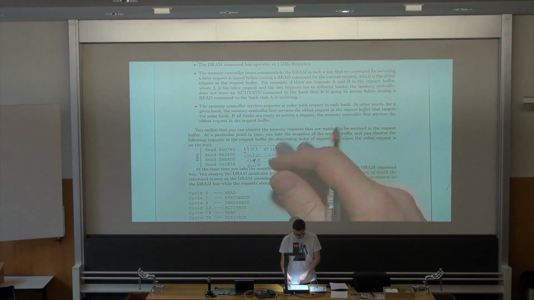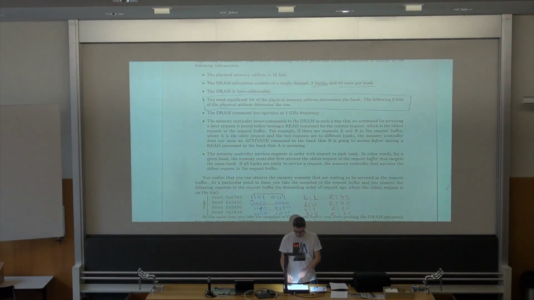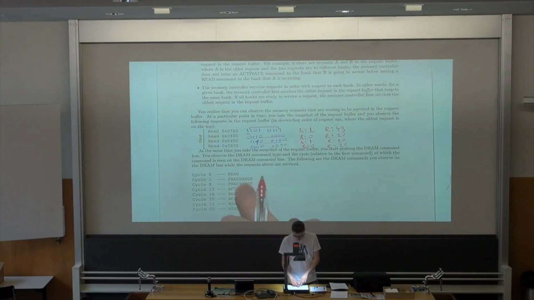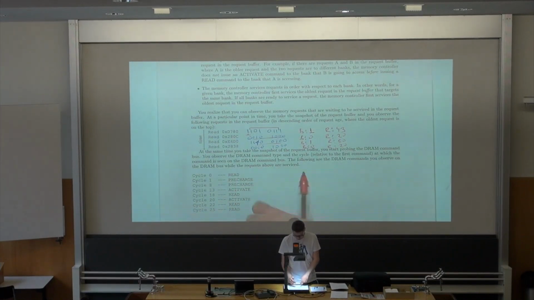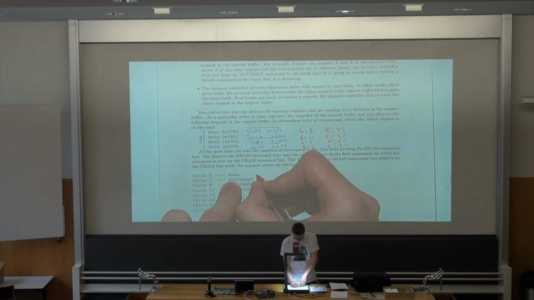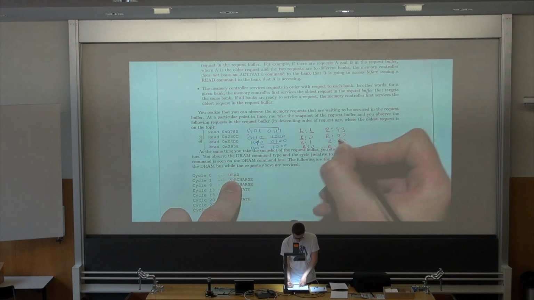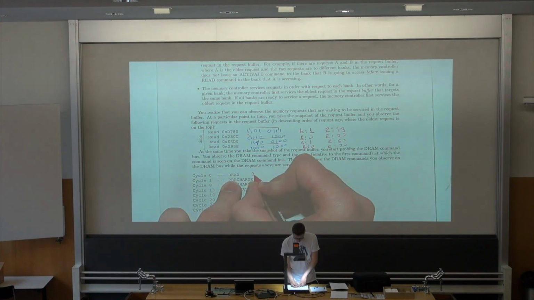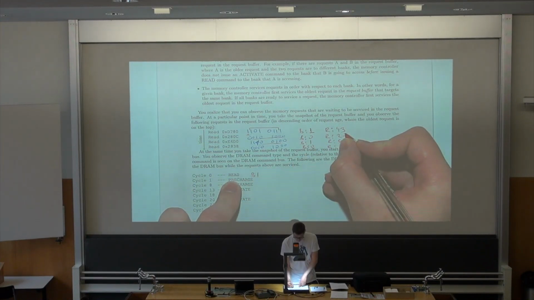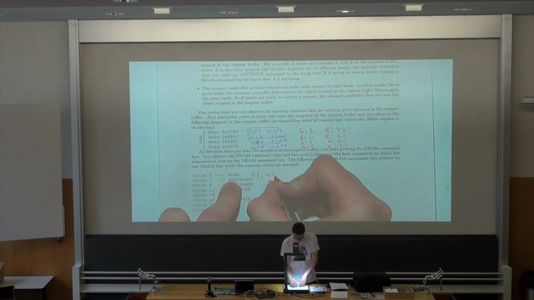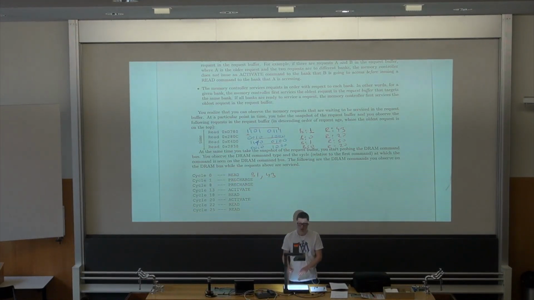Okay, and the text here doesn't give the necessary information about the initial state, right? Since the first command here is read, we can tell that bank 1 had row 43 open. So I'll just write it like this. So we can figure out this information, right?